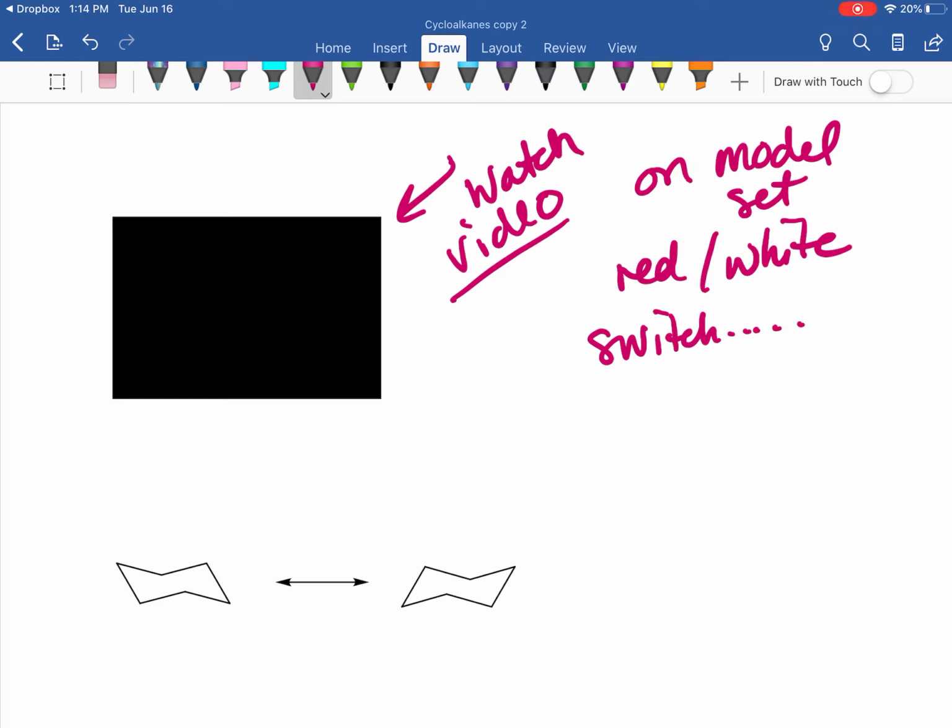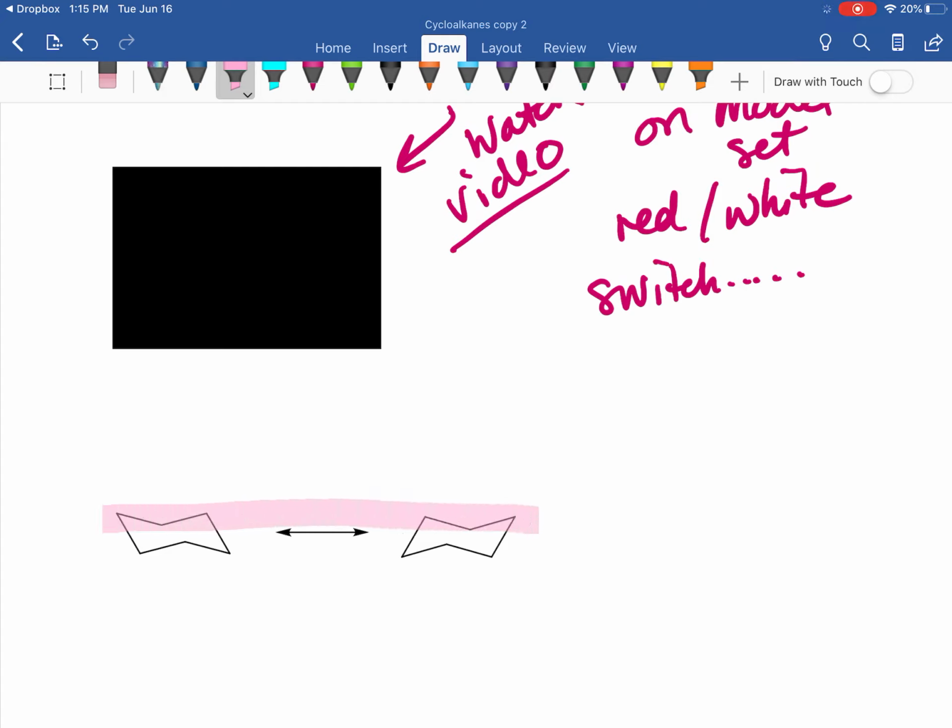So why do we give a crap about all of this? Well, check it out. This is our typical flat way of drawing our chair and our chair flip. If you're crafty, you'll take this as a template even and practice drawing these. So why do we care? Let's just take on carbon number 1 and put a methyl group on there.